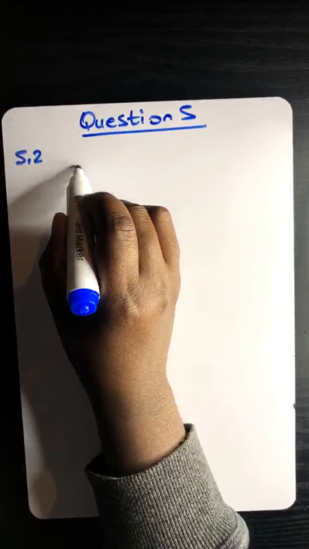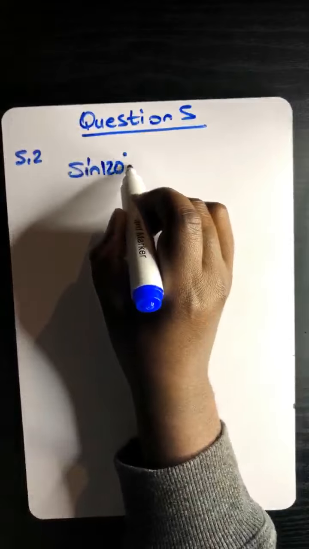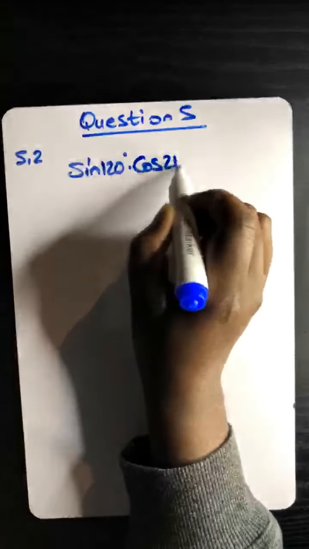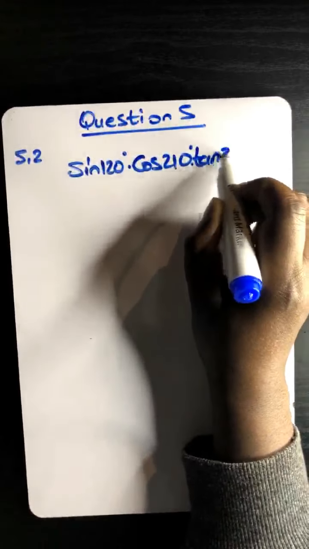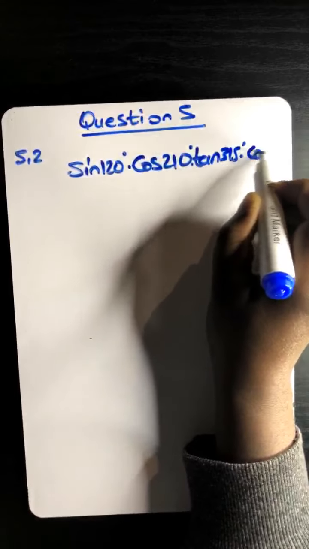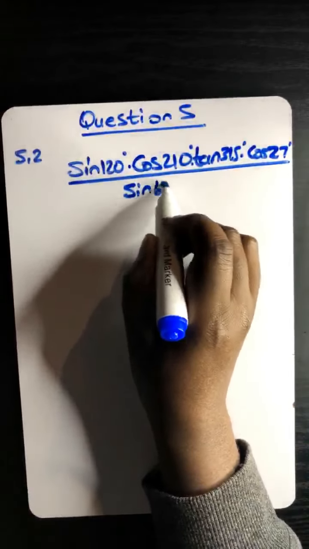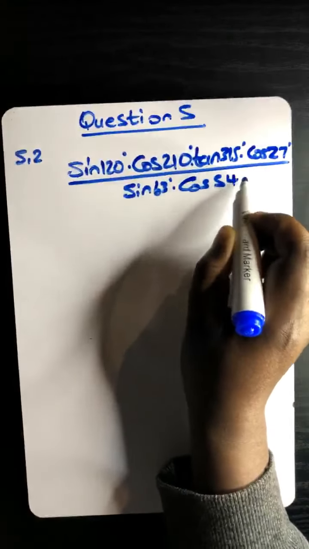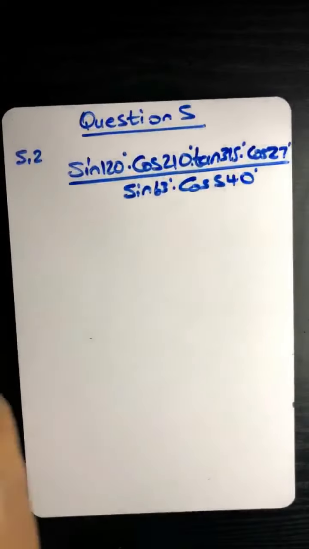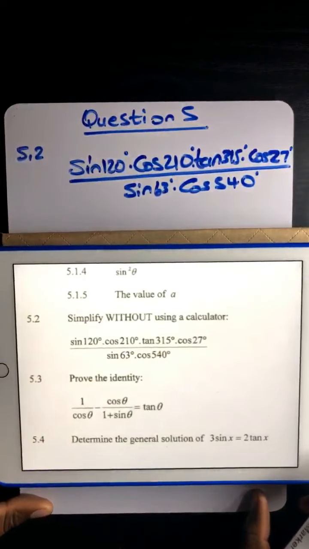So it's sine of 120 degrees multiplied by cos of 210 degrees times tan of 315 degrees times cos of 27, all of this divided by sine 60 times cos of 540 degrees.